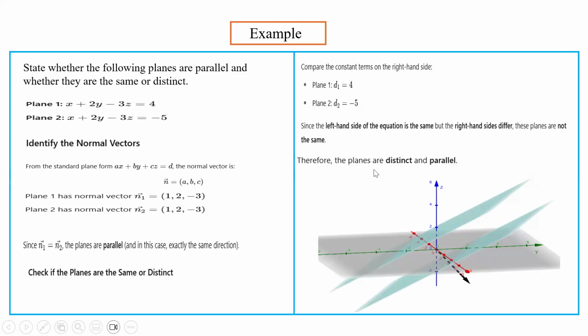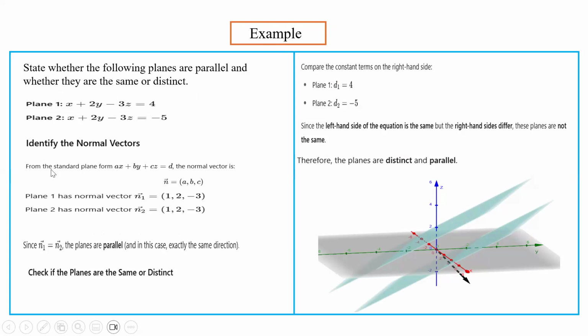Right, so let's work an example where we figure out if the planes are parallel and whether they're the same or distinct. We have plane 1 being x plus 2y minus 3z equals 4 and plane 2 being x plus 2y minus 3z equals -5. We first identify the normal vectors.